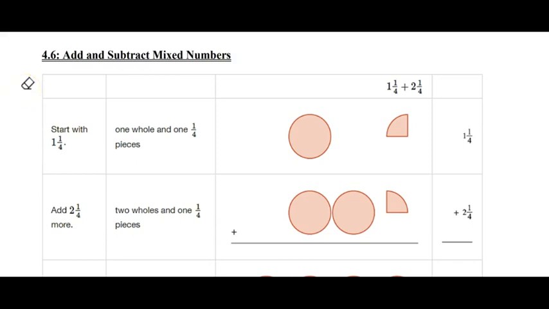We're going to start with a picture representation of an example that would demonstrate the idea of adding and subtracting mixed numbers. Remember when we had to multiply or divide mixed numbers, we changed them into improper fractions and then we multiplied or divided.